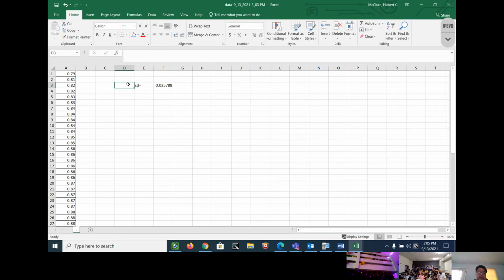Remember, STDEV in the spreadsheet: highlight the column and hit enter twice, and that will give you the standard deviation.